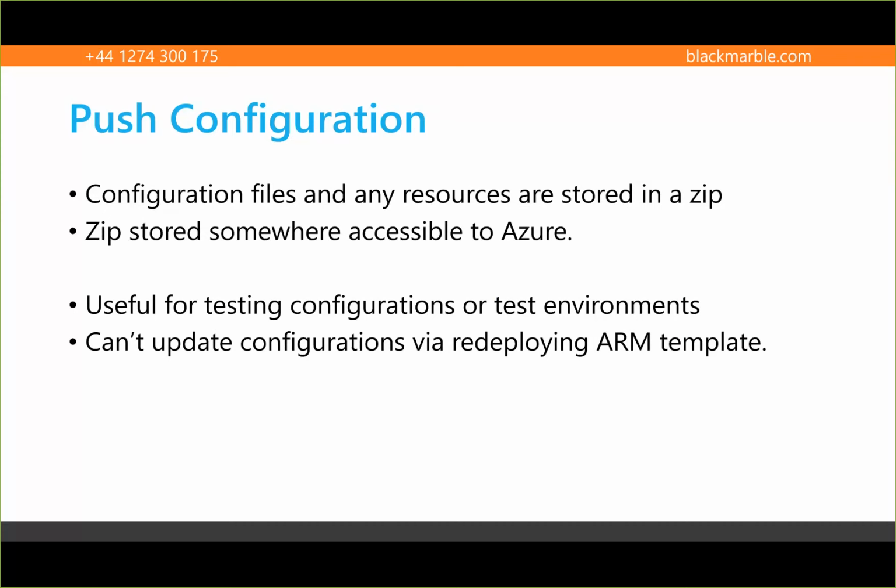When you redeploy an ARM template, ideally it should fix any configuration drift, similar to how DSC would do. Except that doesn't quite work with push config, because it already has the zip file on the machine and the extension installed, so it will just rerun that zip file.